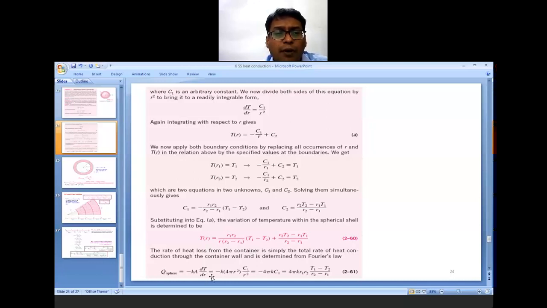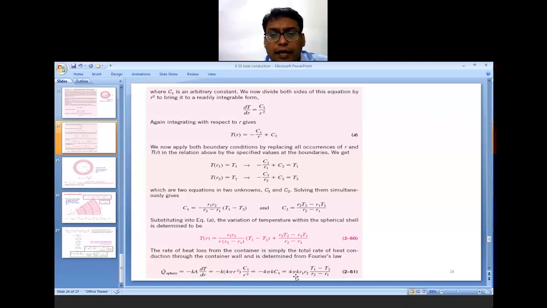From the Fourier law, you will be able to calculate the rate of heat transfer in the sphere. However, this A will correspond to 4 pi r square because of the sphere area. So the area of the sphere will be 4 pi r square.